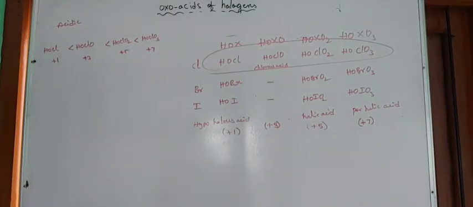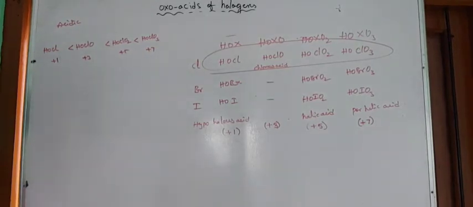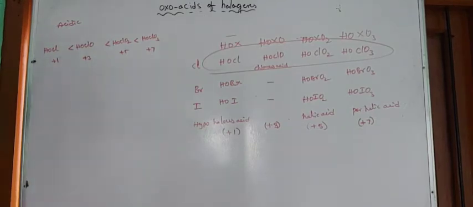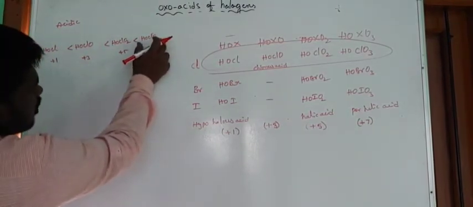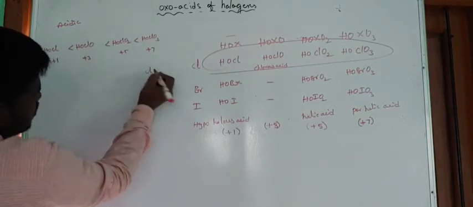Here the acidic strength is explained based on the stability of the anion. After removal of the hydrogen, you see the structure of the anion.